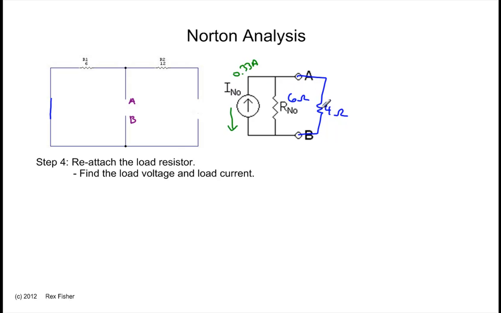The 6 ohms and 4 ohms are in parallel. So the equivalent resistance is going to be 1 over 4 plus 1 over 6, all inverted, which is going to be 2.4 ohms.